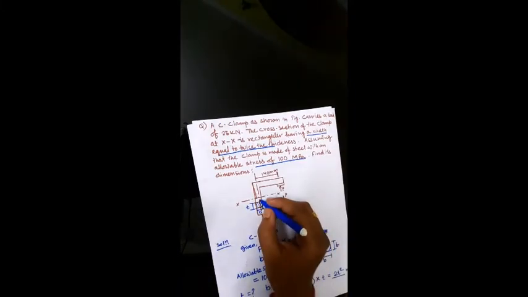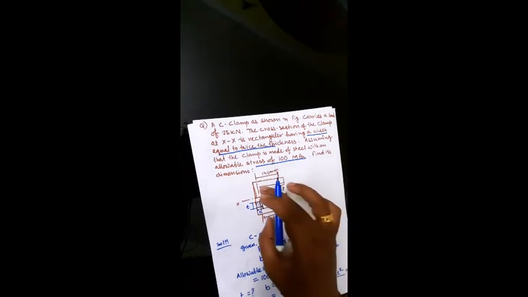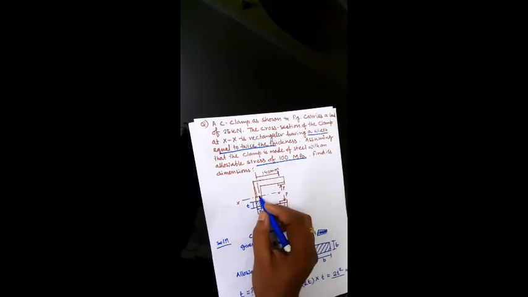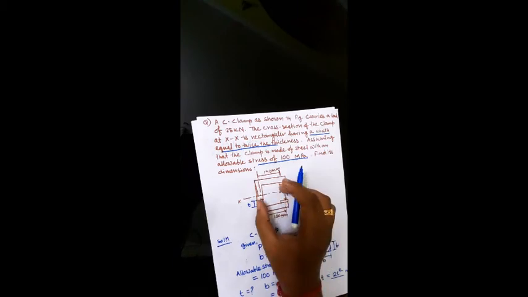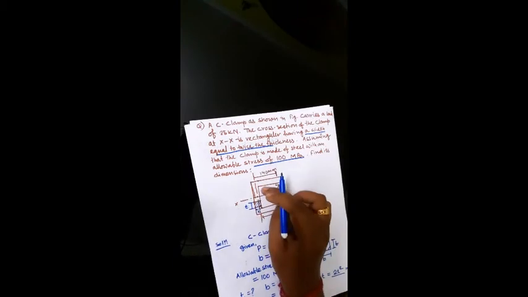We have to calculate the dimension of the cross section at x. This is your center of gravity or axis, and here the load is applied at this position, so this load is not the axial load, that means the load is eccentric loading.